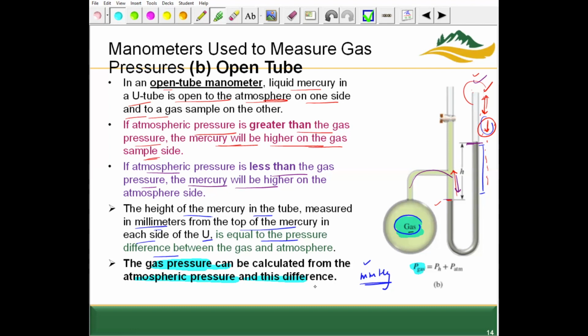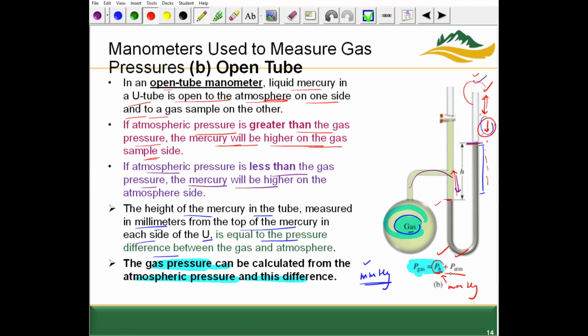So what this looks like is calculating the pressure of that gas in this open tube manometer. That's equal to the pressure height, so this is our unit in millimeters of mercury. It's the height of that level of mercury. So the pressure height, that H, plus the pressure of the atmosphere. Usually we know the pressure of the atmosphere.